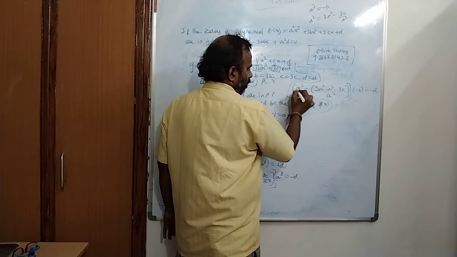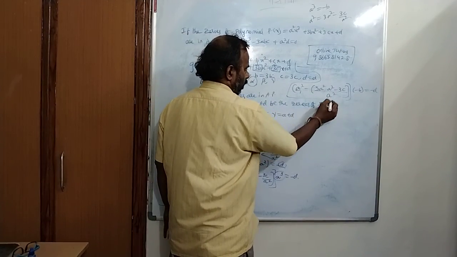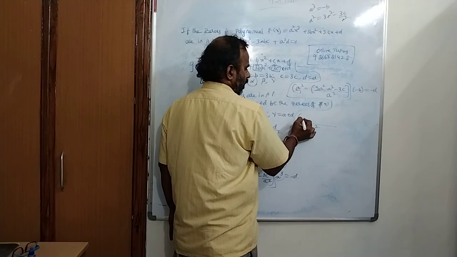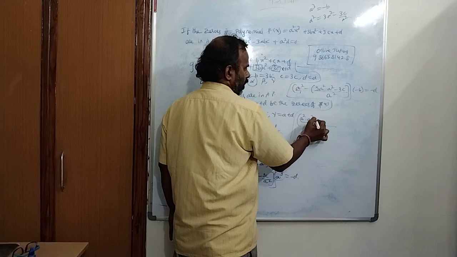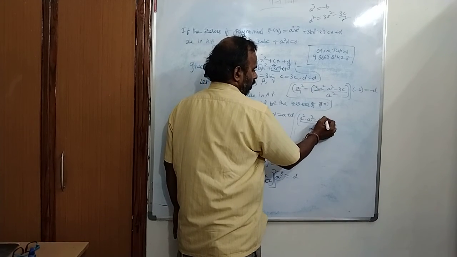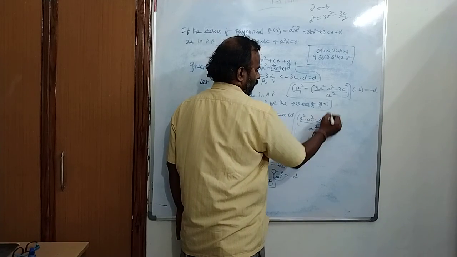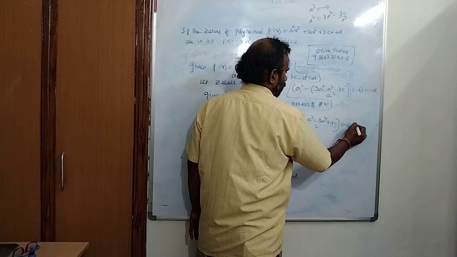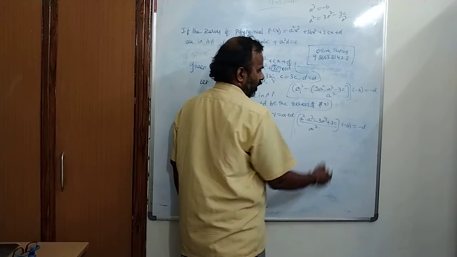Now once again take the LCM for 1 and a square. So the LCM will be a square into a square minus 3a square into a square, 3a power 4, minus into minus plus 3c into minus b, is equal to minus d.